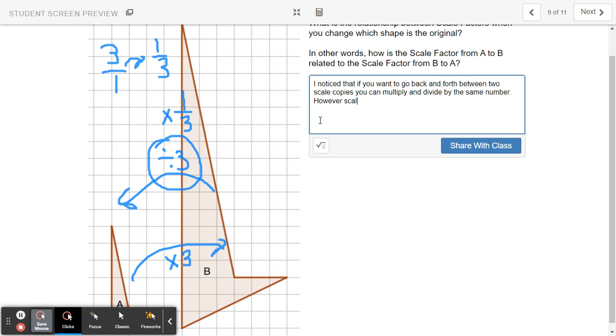However, scale factor is only what we multiply by, which means that we multiply by the reciprocal.